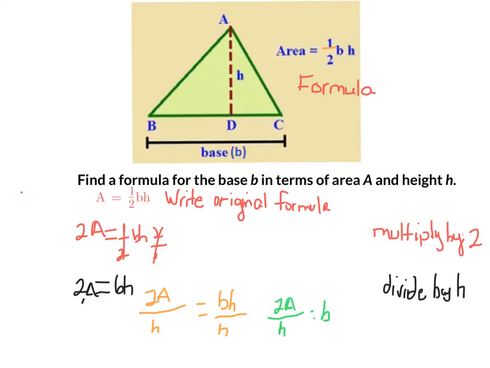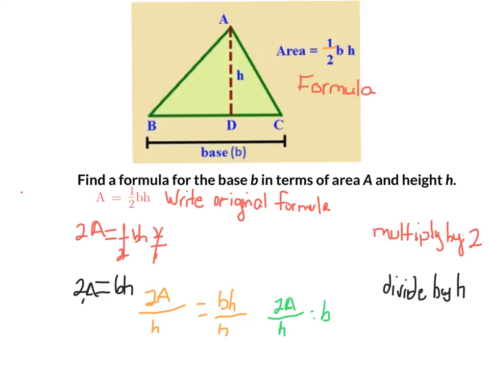That all sounds very confusing, but right here we're going to go back to our original formula. I wrote the original formula out. As you can see, I was having some difficulty with that silly stylus last night. So here we have 2A equals bh.